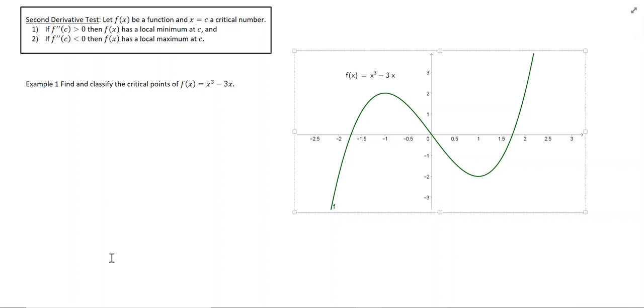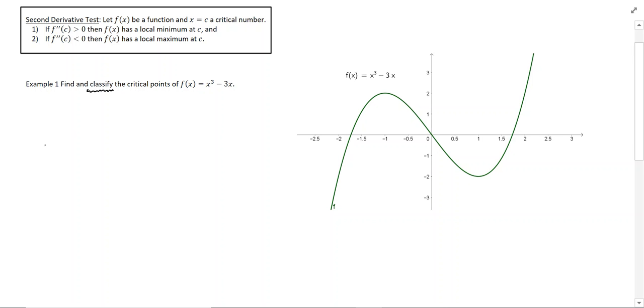It's a nice looking graph, a third degree polynomial. We know what the end behavior is and all of that. But we're interested now in classifying the critical points. That's what the second derivative test allows us to do. Last class we used the first derivative test to classify critical points. Same goal, we just have two different tests that allow us to do this.